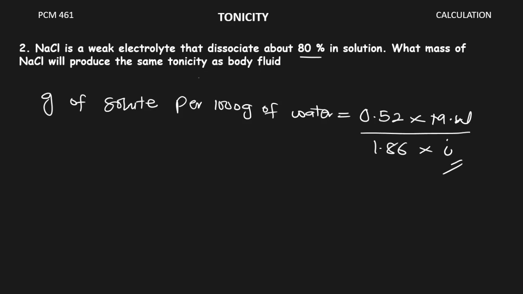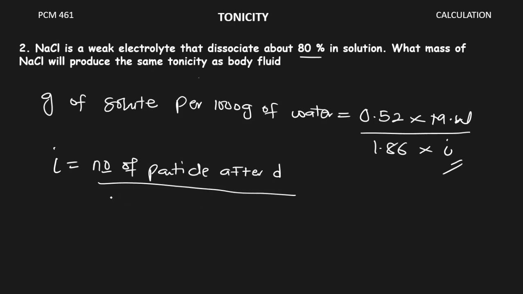When we talk about dissociation factor, we take the formula: dissociation factor is equal to the number of particles after dissociation, divided by the number of particles before dissociation.